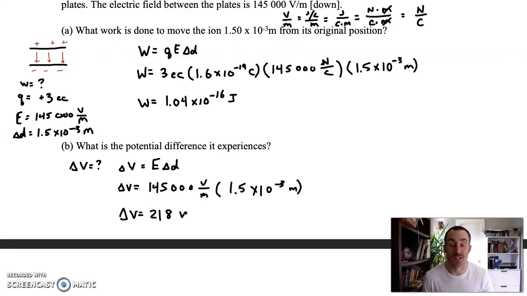That's the potential difference that this charge has moved through. That's the difference between the starting point and the ending point. And if we look at the units, we started with volts per meter as the measurement of the field strength, and meters was the distance that was moved, and when you multiply those two you get volts. So often looking at the units is also a good way of figuring out what I should do with these numbers.